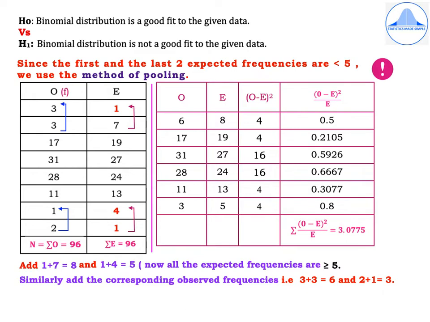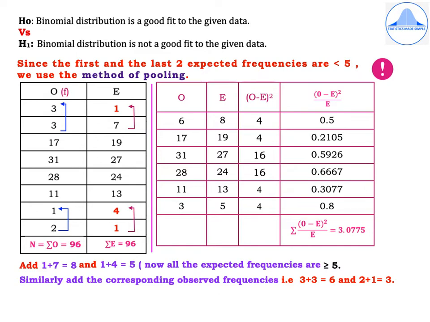Now when we pool the expected frequencies, simultaneously the observed frequencies also should be pooled so that the number of frequencies in both the columns remain the same. So under the observed frequencies, 3 and 3 are added and you get 6. Similarly, 2 and 1 is added and you get 3.